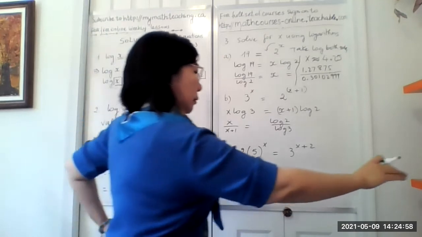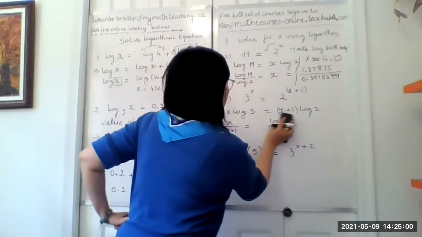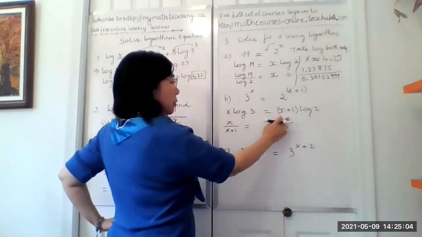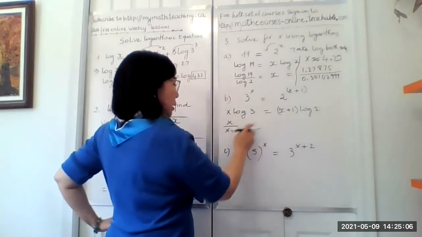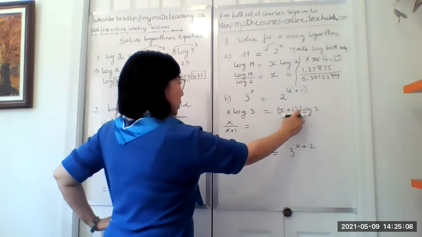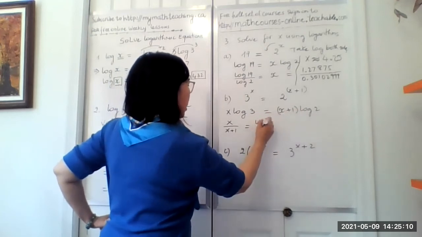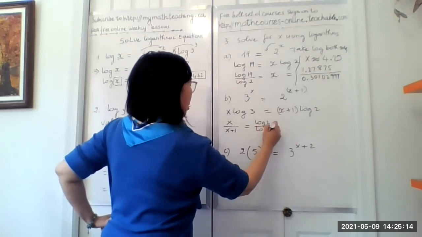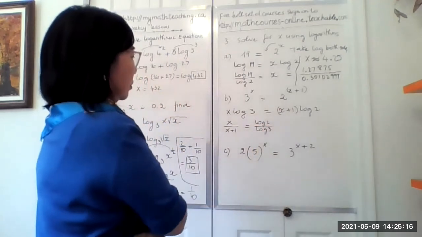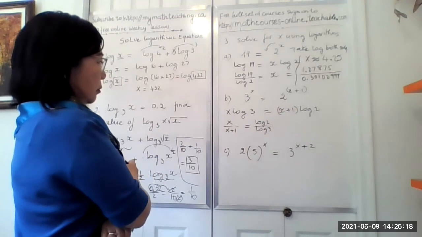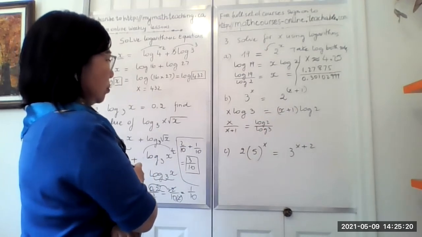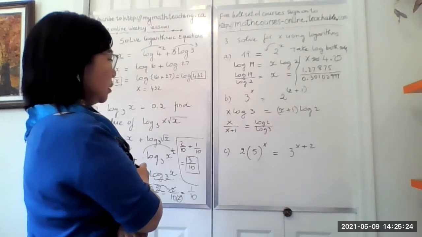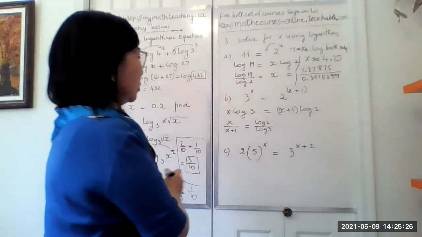So this x will divide by this bracket, right? I bring it down. And on the right hand side, I have log 2 and will divide by log 3. Okay, so now we have to continue to solve for this.